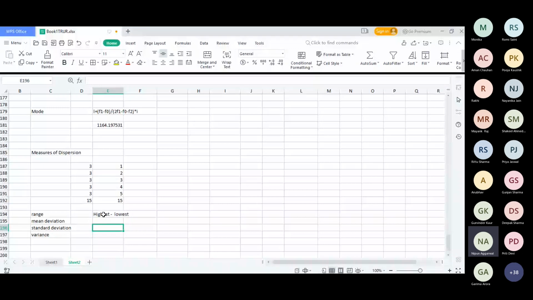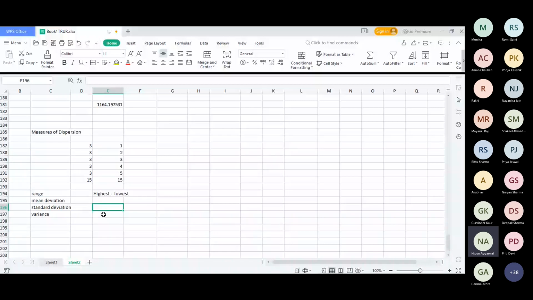The highest value in the data and the lowest value in the data, you subtract them, and that will present the variation. Highest and lowest data will show the variation present in the data. So that is the simplest form of the measures of dispersion.